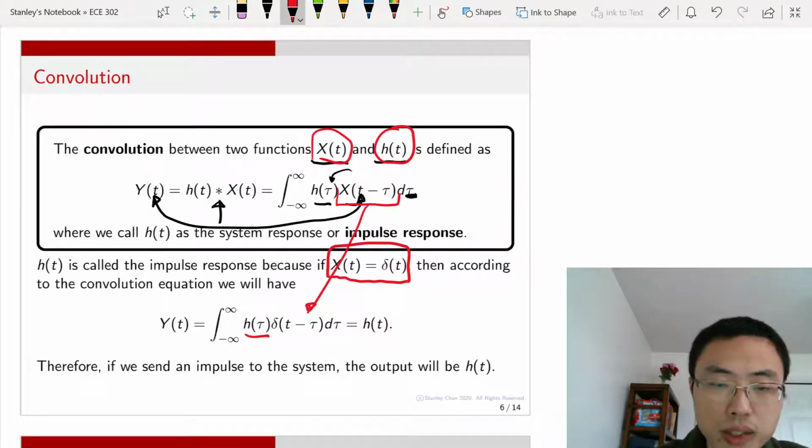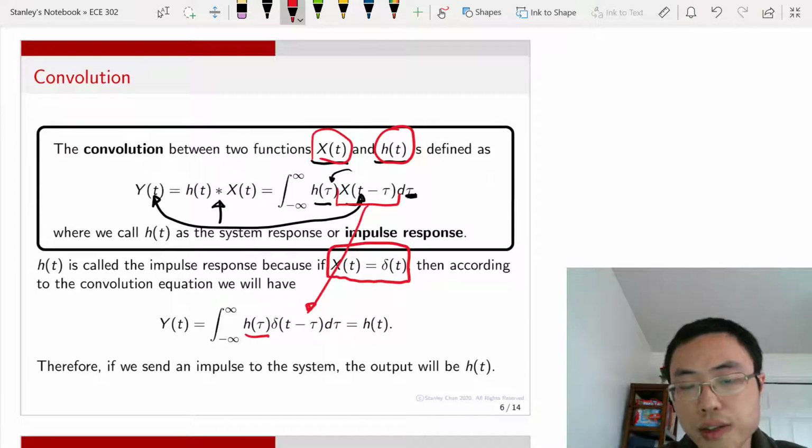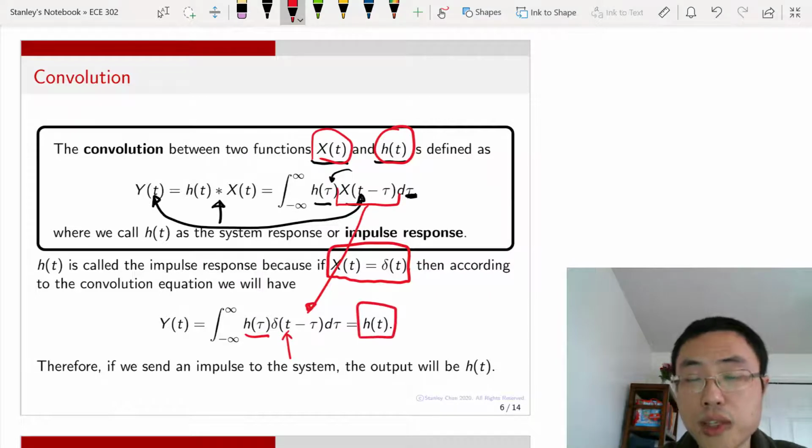So what you're doing is the integration of h(tau) and delta(t minus tau). And we know that this delta function has a property that it will just shift this h(tau) towards this time index t, and therefore the output will give you h(t).